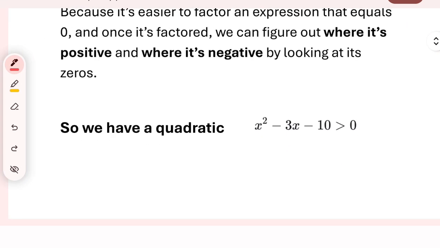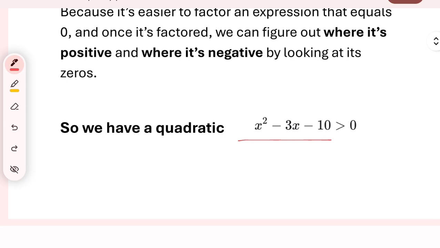So by writing it in a standard form, we now have something that is quadratic. As you can see, it's x squared minus 3x minus 10. The highest power there is 2. And in a quadratic equation, the highest power is 2. That is the requirement. If it is 3, that is not quadratic at all.